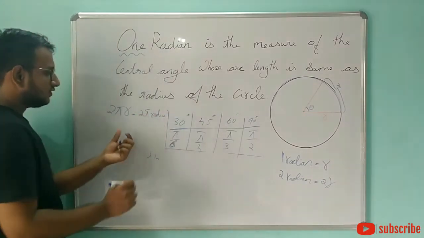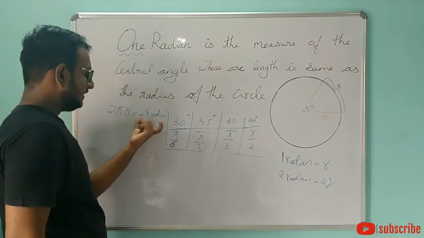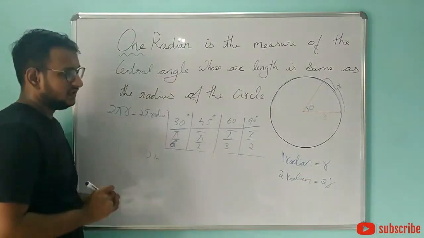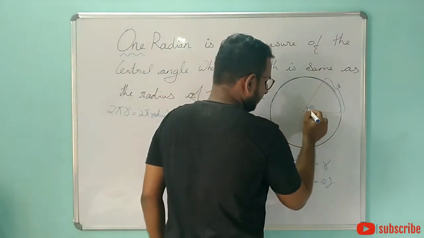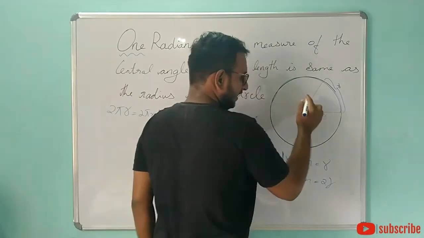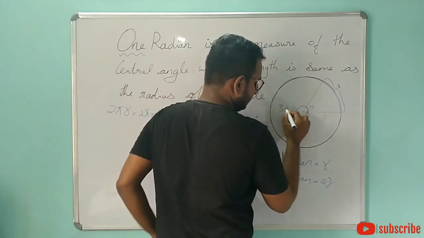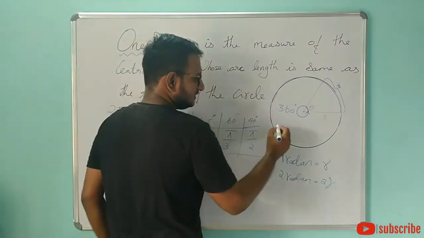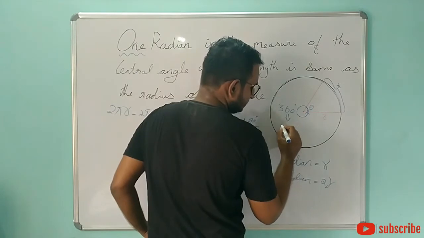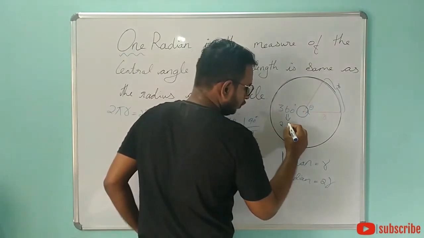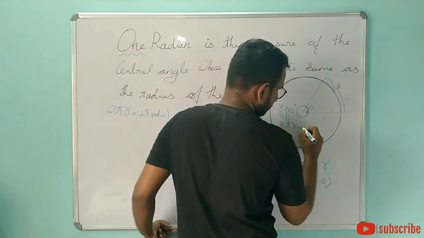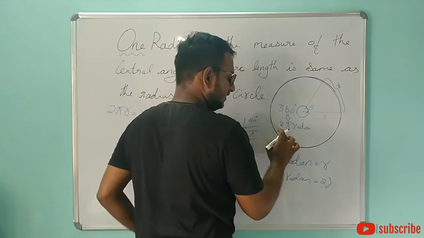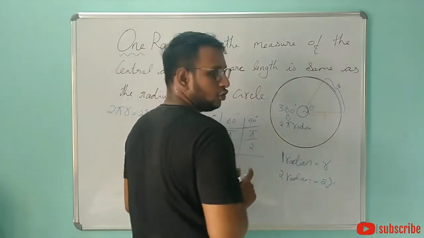So for a complete angle, which is 360 degrees, the radian is 2 pi radian.